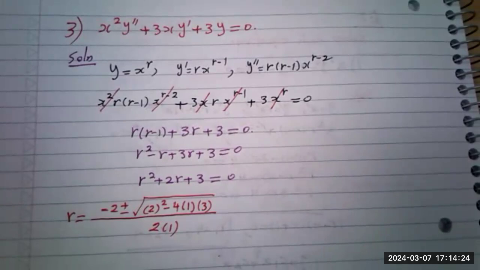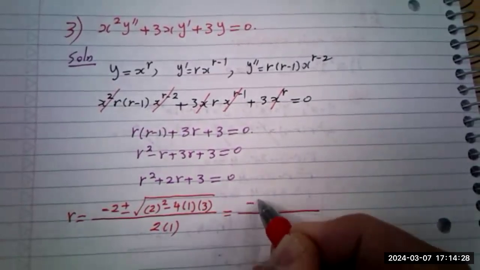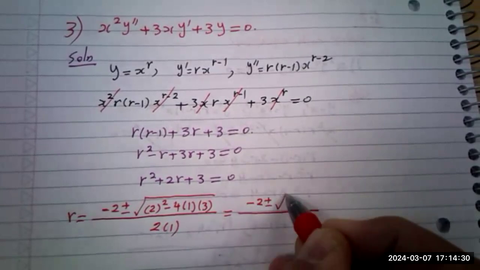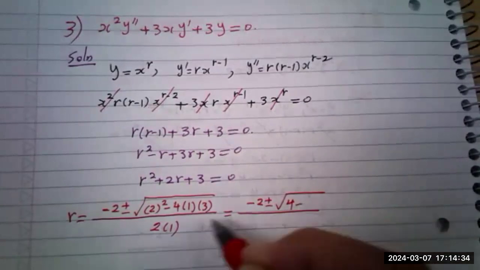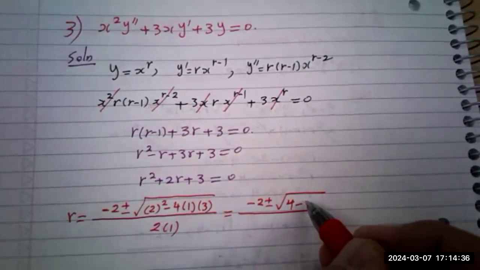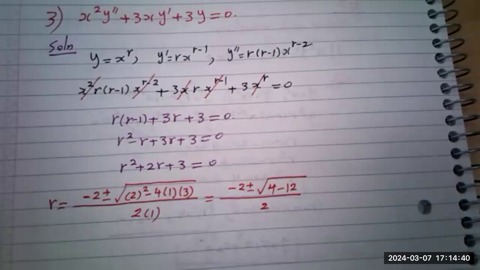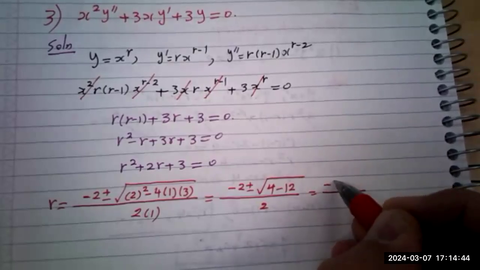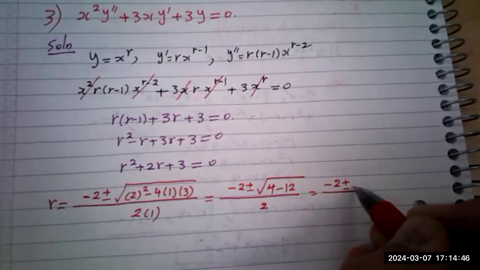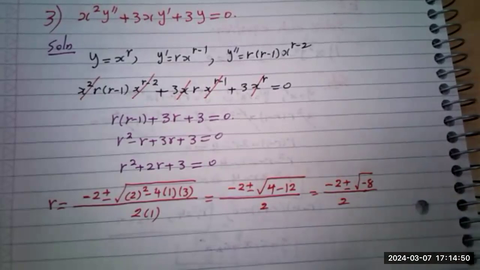Simplify inside the radical: negative 2 plus or minus the square root of 2 squared, which is 4, minus 3 times 4, which is 12. That gives you negative 8, so inside the radical is a negative number. It's going to be plus or minus radical negative 8 over 2.